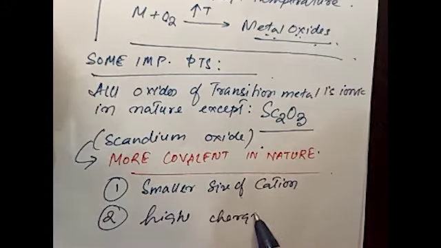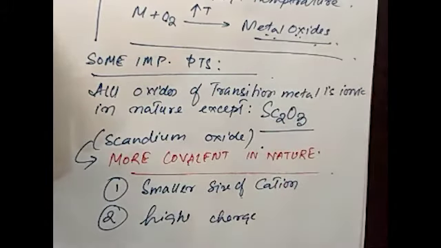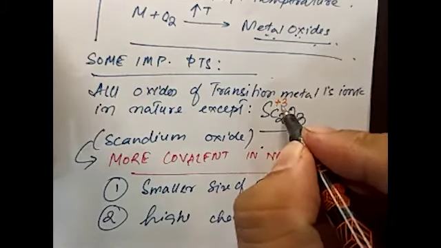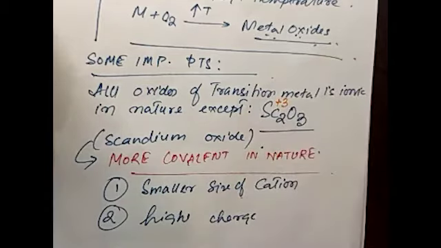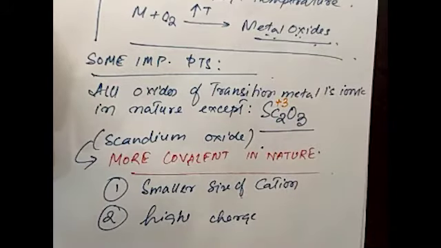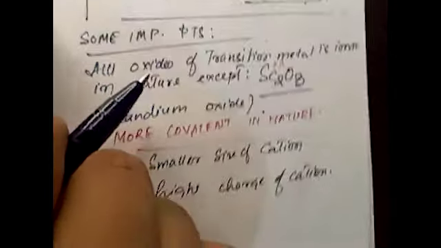If you try to find the oxidation number of scandium, it comes to be plus 3. Scandium has oxidation number plus 3. High charge on cation. Done.